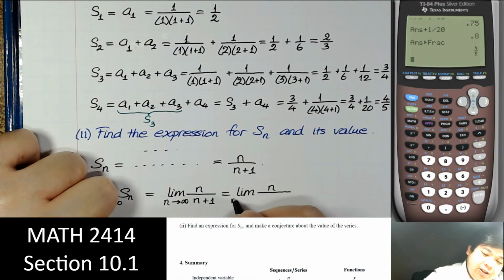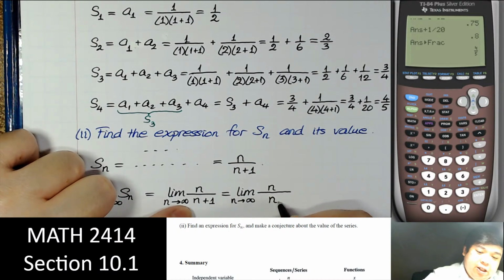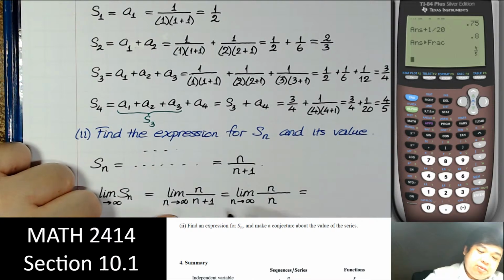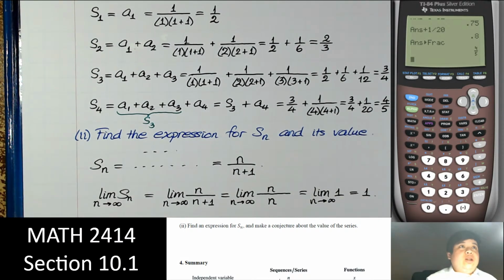On the bottom, take n. So only the highest power terms matter. n over n is 1. The limit of 1 is 1. So this also goes to 1.